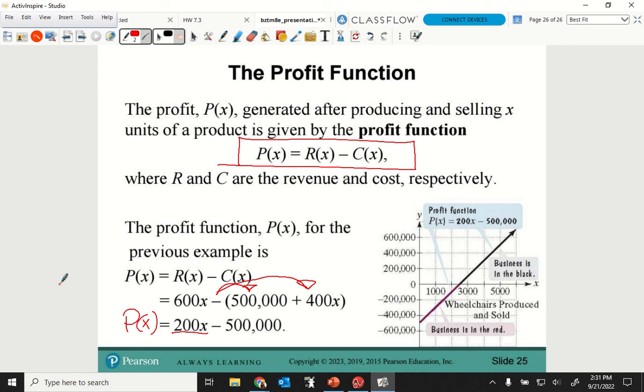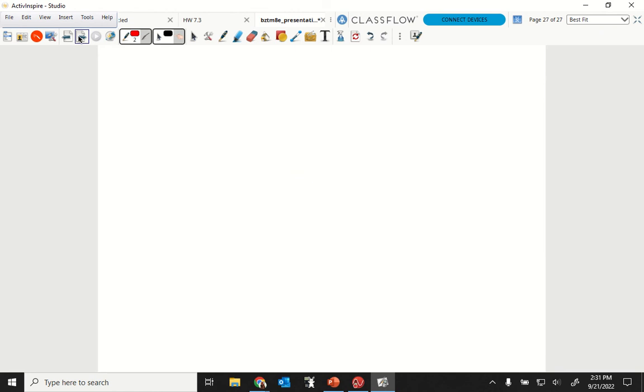Okay, so when I combine both of these together, I had my revenue minus cost, right? That's what it starts out as. Okay, so if I make no money, did I lose money?